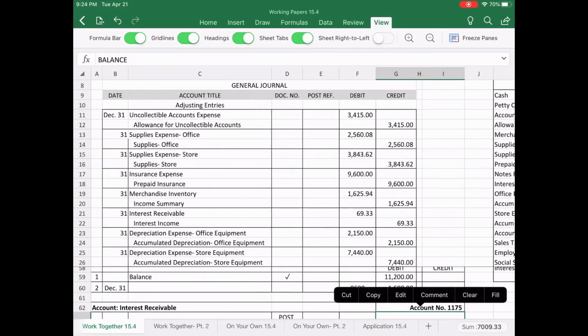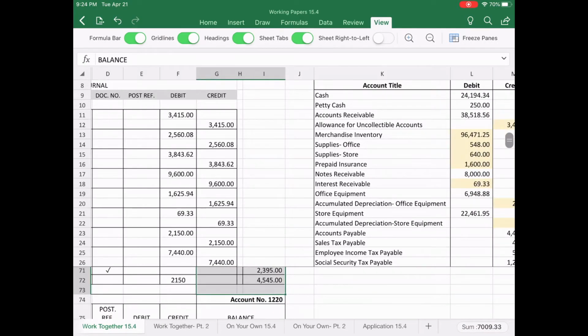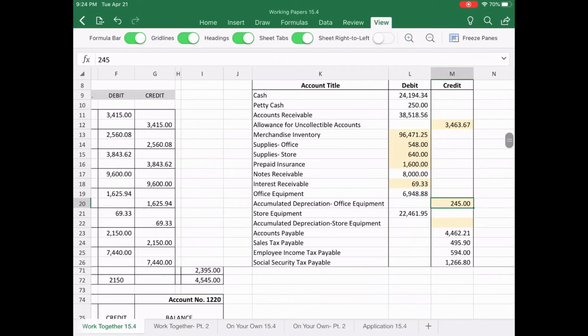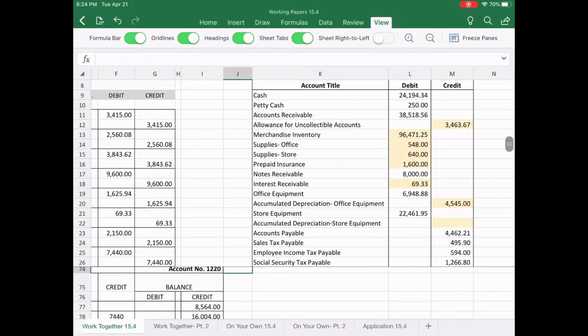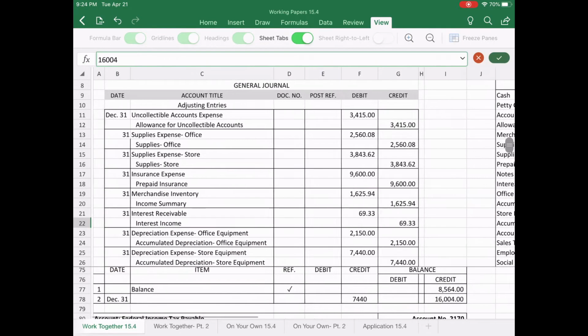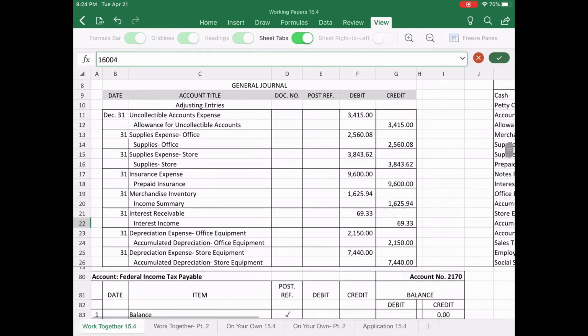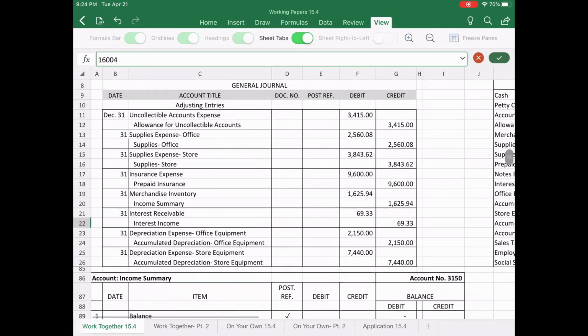There we go. 45. And then the store one. There we go. We haven't calculated our federal income tax payable. That'll come in part 2.